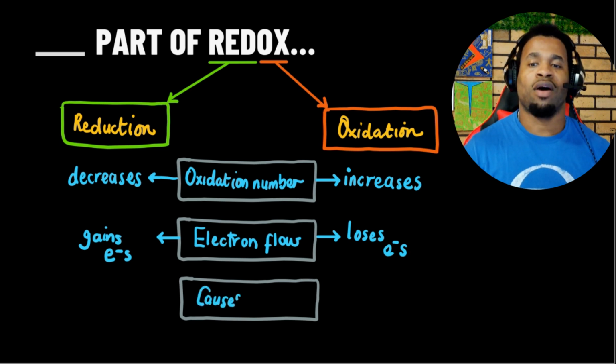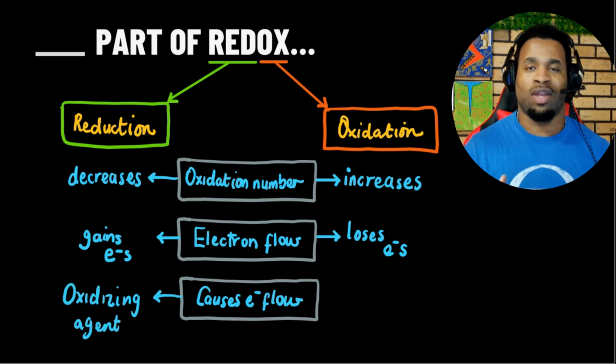The final part is what causes the electron flow. The one that is performing the reduction reaction actually causes oxidation of the other species. So that reduction site is known as the oxidizing agent, and the oxidizing agent is being reduced in that particular reaction.